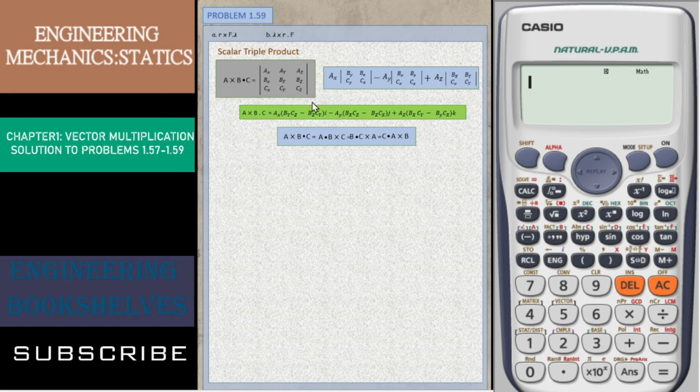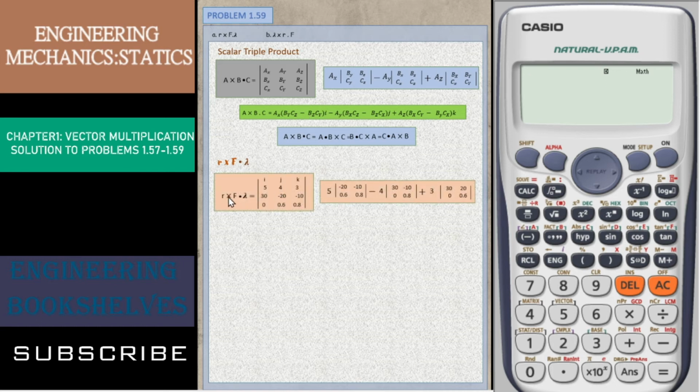In the scalar triple product, it is Ax times the quantity ByCz minus BzCy, minus Ay times the quantity BxCz minus BzCx, plus Az times the quantity BxCy minus ByCx.